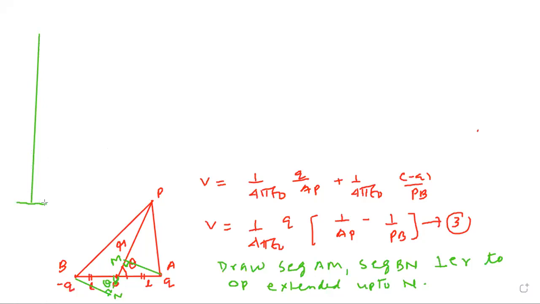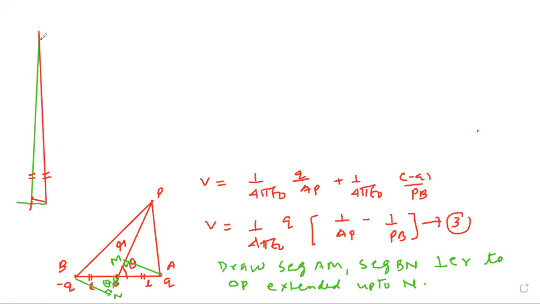So when you join this and draw a perpendicular, then this extra part, if you remove it, these two become almost the same.